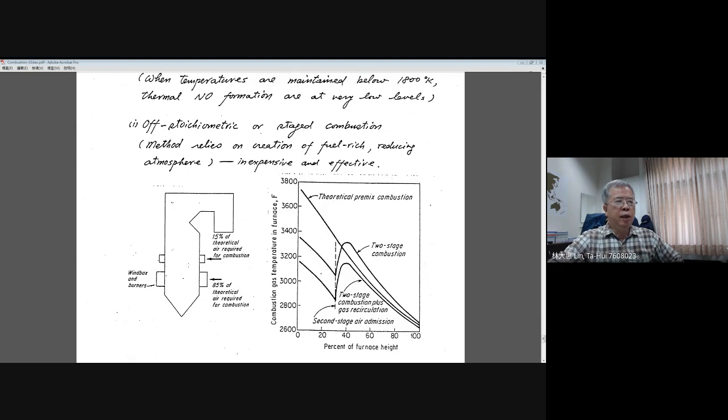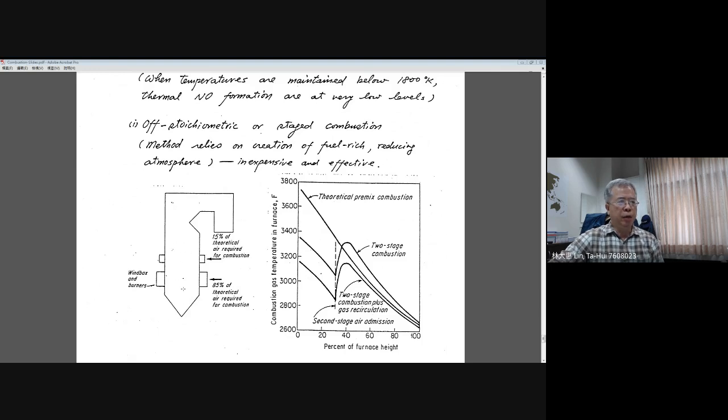Then we go to the next. Since the burning in this region is under rich conditions, you do not have enough oxygen to complete all the burning of the fuel. Then when those gases flow upward, you need to supply an additional 50% of theoretical air required for combustion in the downstream side to make the excess fuel burn.